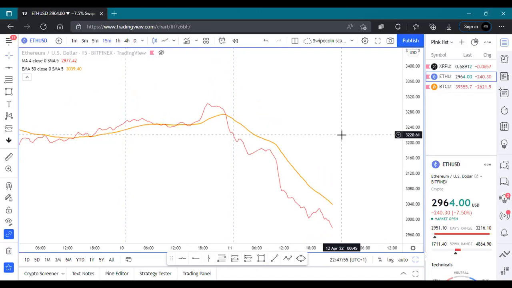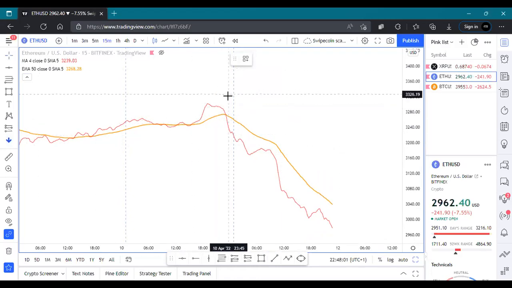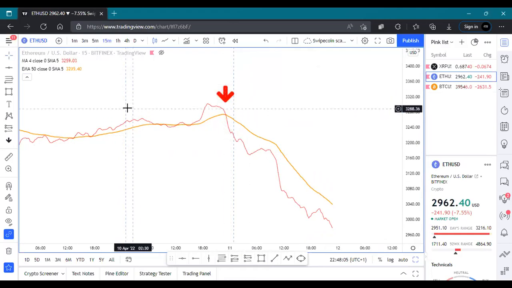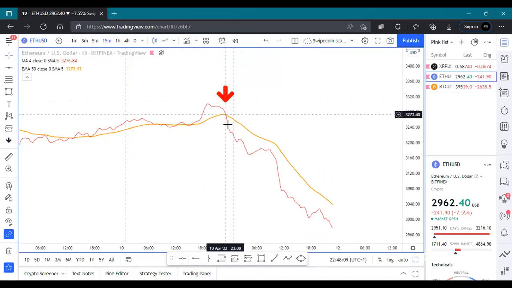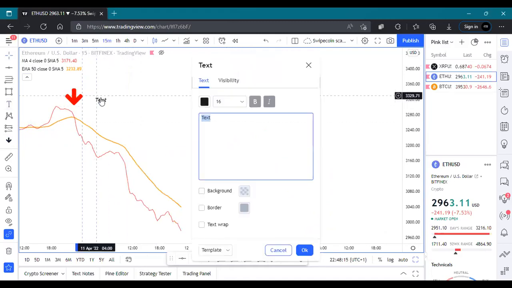So once we find a crossing down of these EMAs, once the 4 moving average is crossing down the 50 EMA, we start looking for sell opportunities, right? That's the normal way to use this strategy.